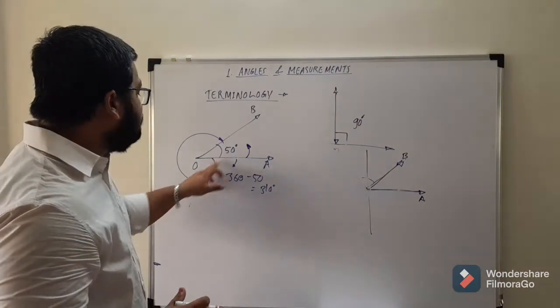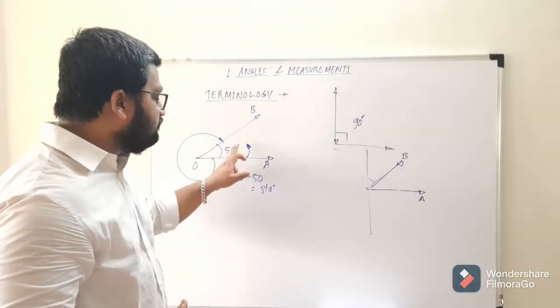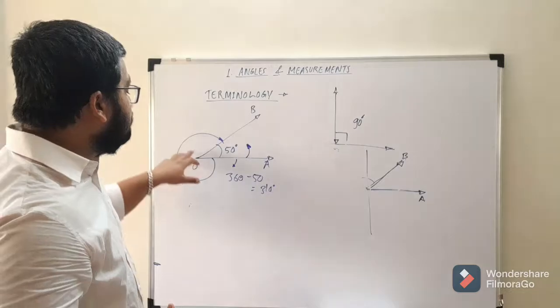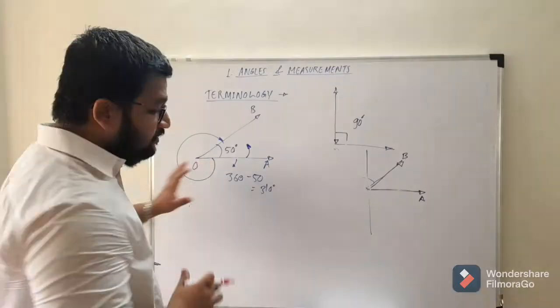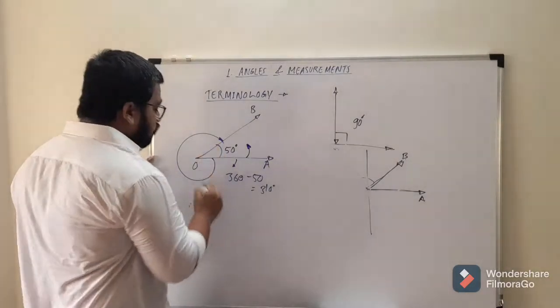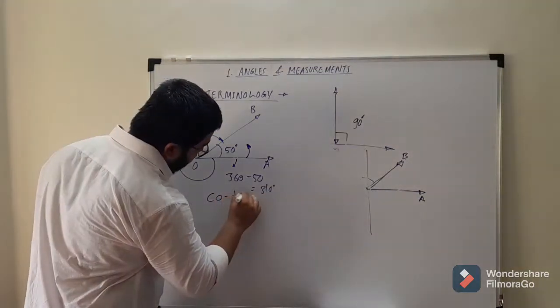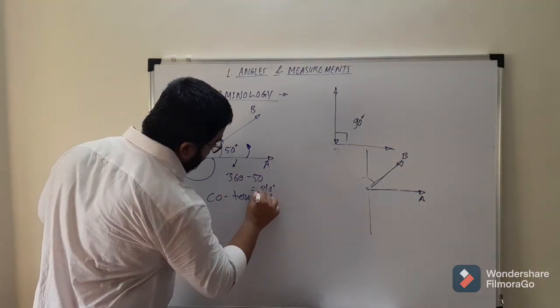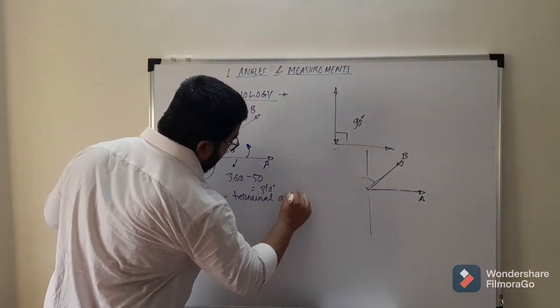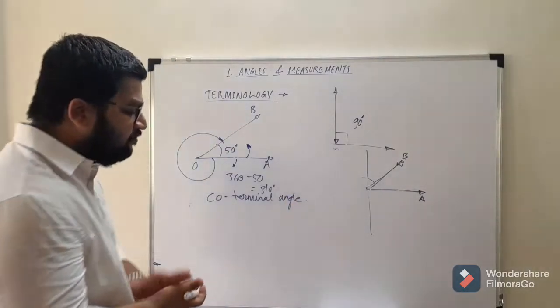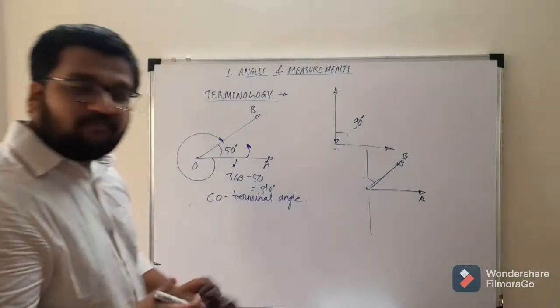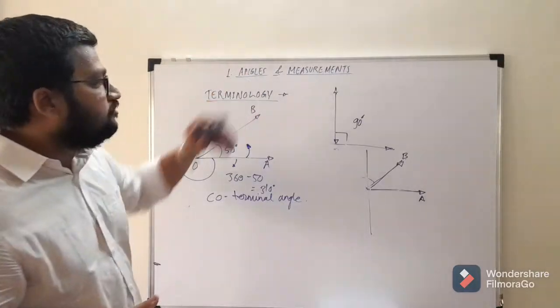The difference is only the direction. If we go this way, it is 50 degrees. If we go the other way, it is 310 degrees. These are called coterminal angles. So these are a few basic types of angles you have to study. After that, we have finished the part on angles.